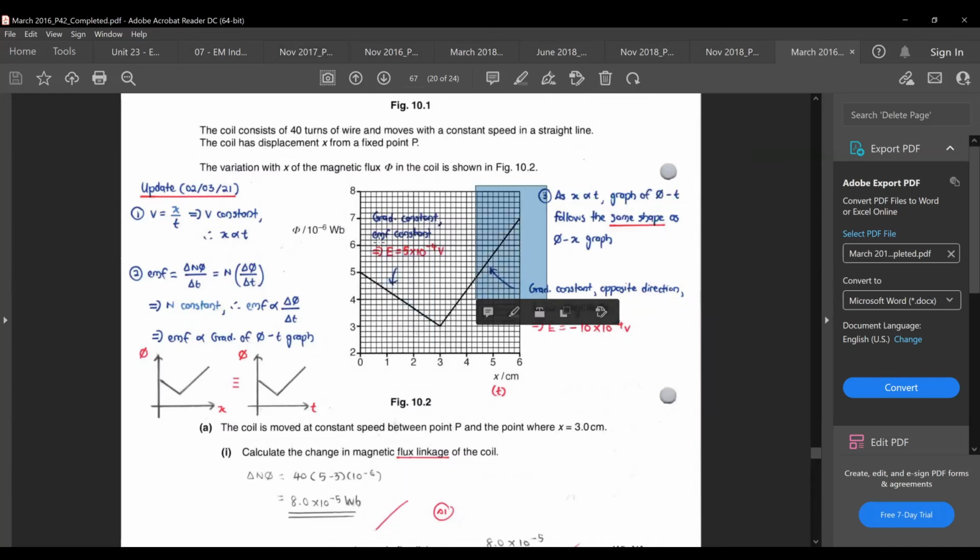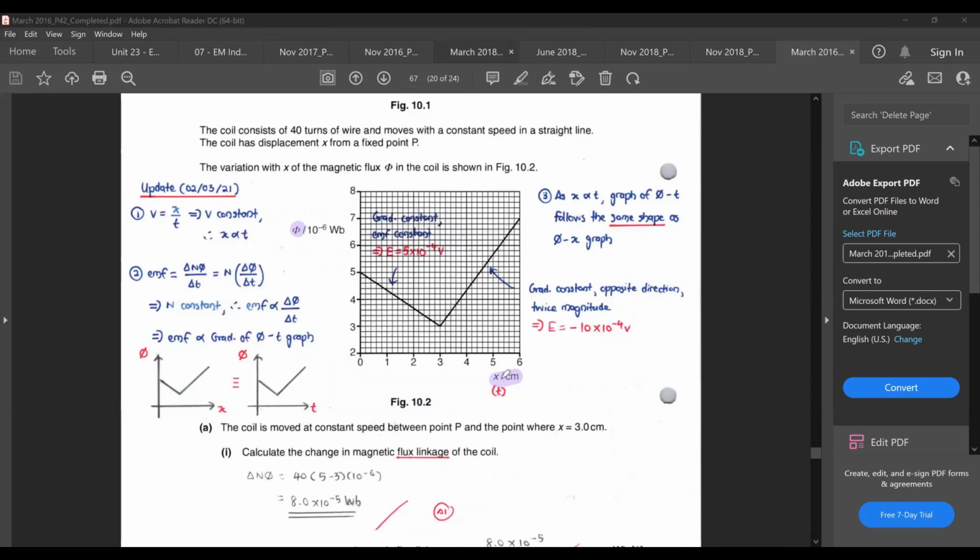But why specifically the gradient? Let me just explain it a little. This is a graph of flux versus distance, not time. A lot of the graphs you did just now were about time. This one is distance.